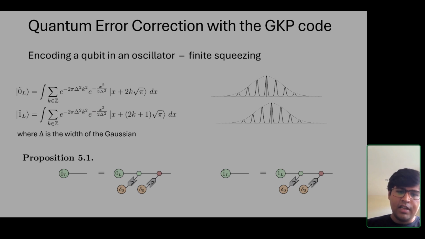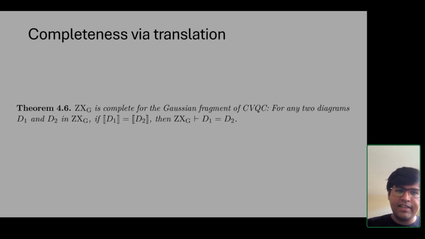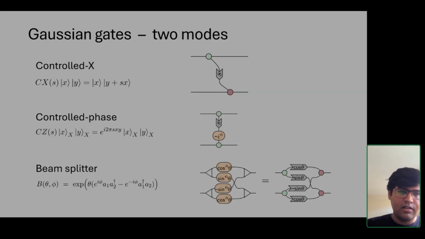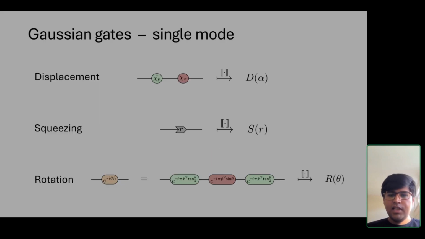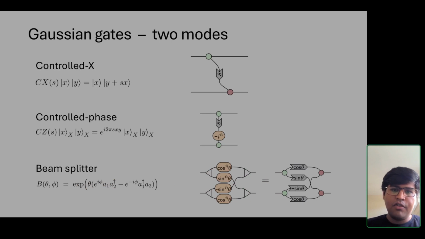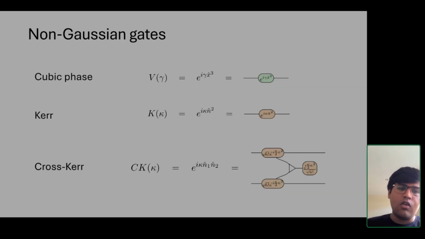So similarly, if you only restrict to these Gaussian gates, which are like these ones, then it can be simulated. But if you add at least one non-Gaussian gate, which is shown here, for example, any one of these, then you obtain universal continuous variable quantum computation, approximately universal. So that's the idea.